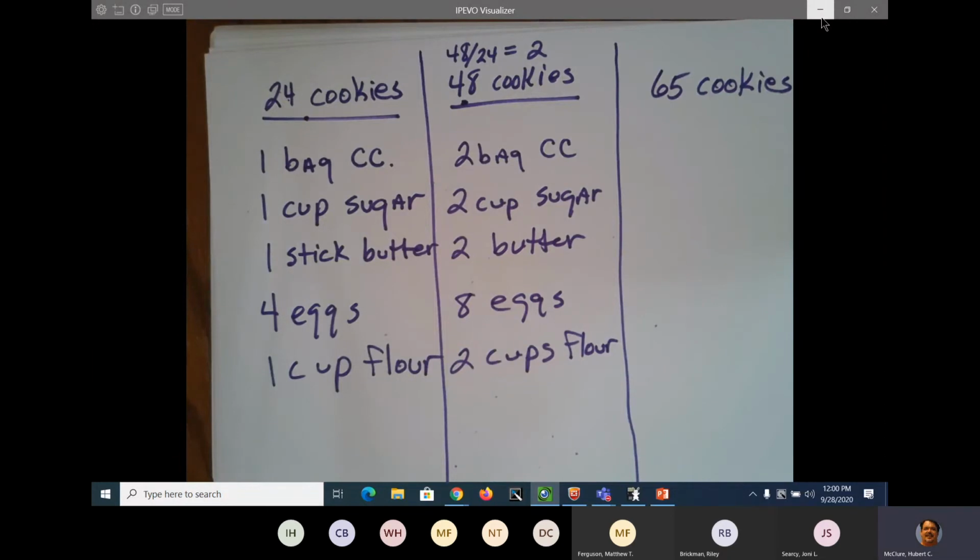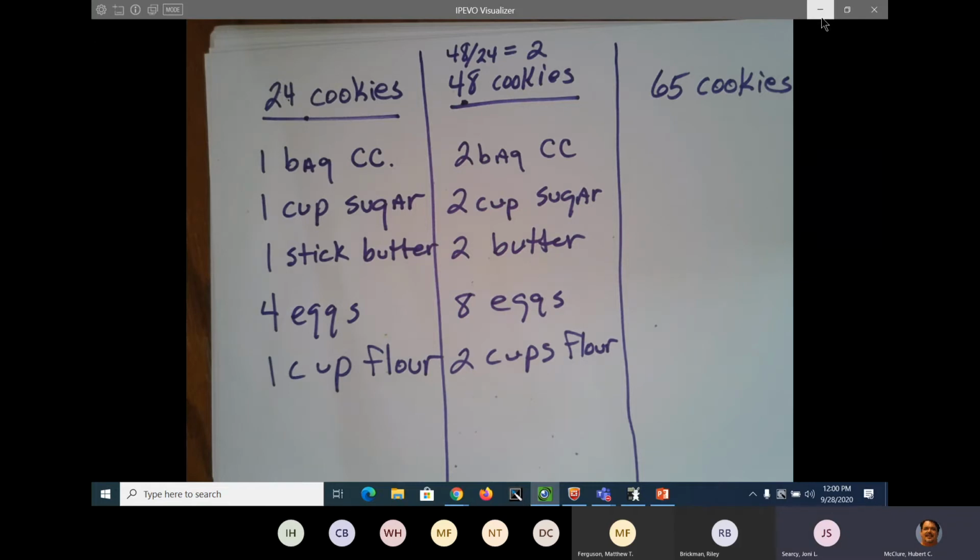You just make 72 and you eat how many? Freaking 7 cookies? No, that's not the way we do it. And I'm trying to get a point across here, so just bear with me. Anybody want to take a stab at it?